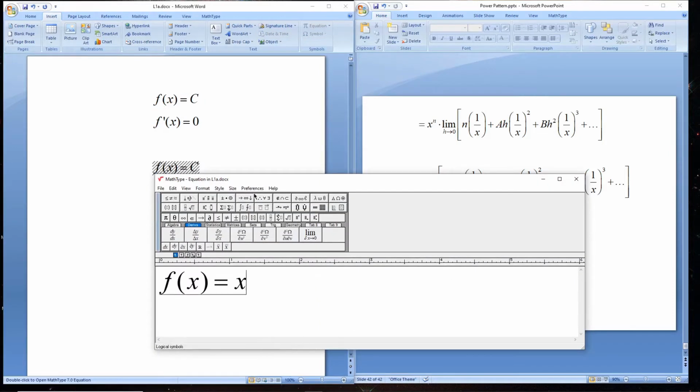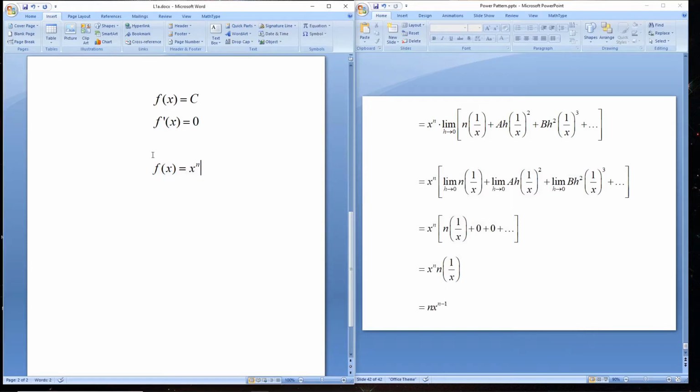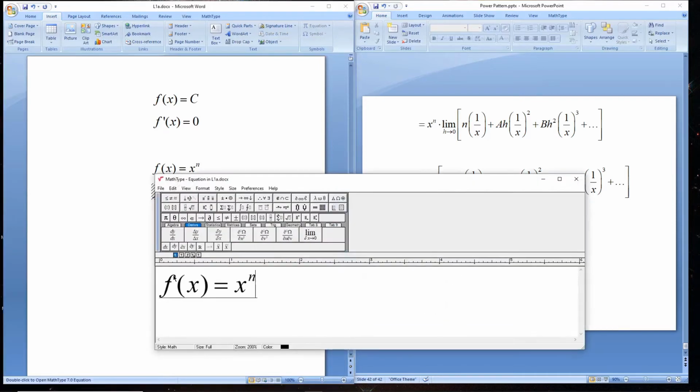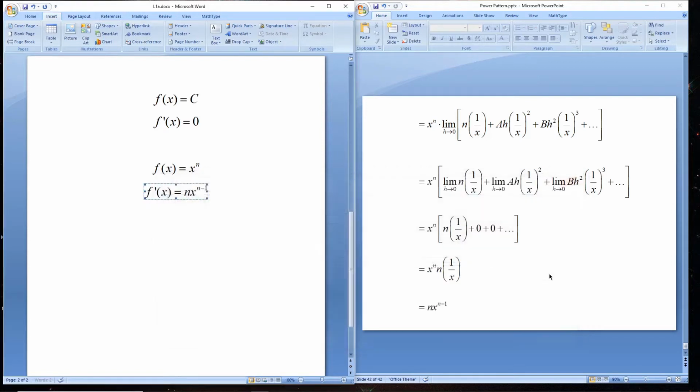But what you do need to burn into your brain is this pattern. This is called the power rule derivative because it's a power function. And what I just showed here on the right is that the derivative of a power function is always n times x to the n minus 1.